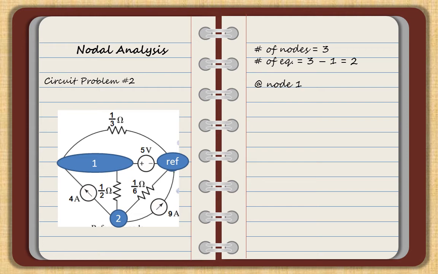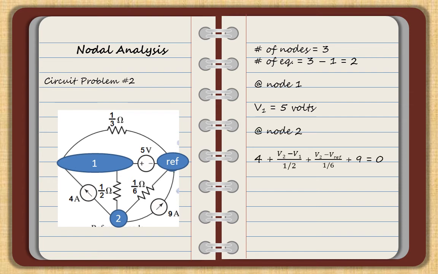So the voltage at node 1 will automatically be equal to 5 volts. So we have the value of node 1. Therefore, we only have one unknown left, which is the voltage at node 2.